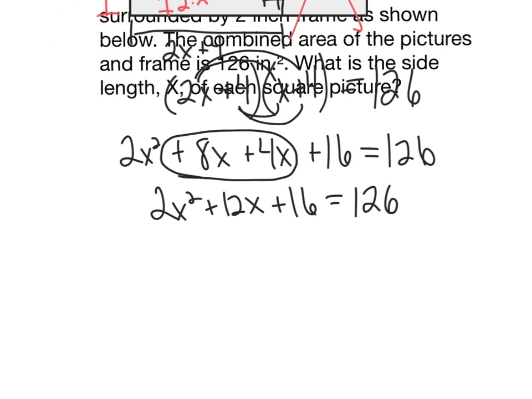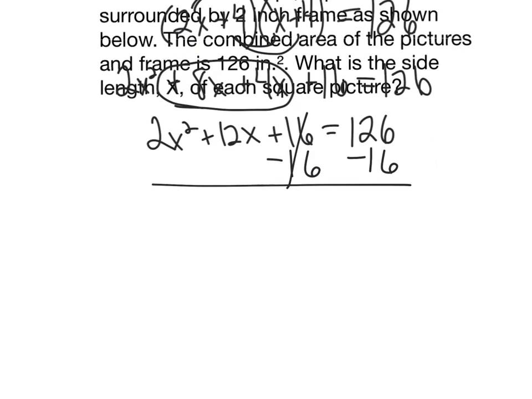So the next thing is we're going to subtract 16 on both sides of the equation. Normally, our idea would be to subtract 126 on both sides, set it equal to 0, and try to factor it. I'm just doing this because it's in the completing the square section, so I'm assuming this is not going to be factorable.